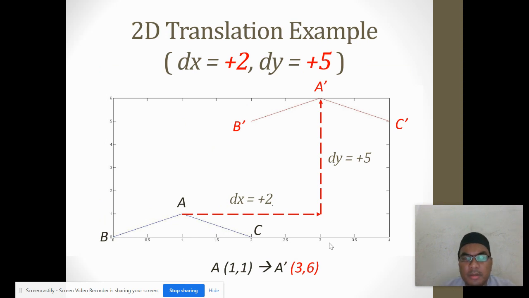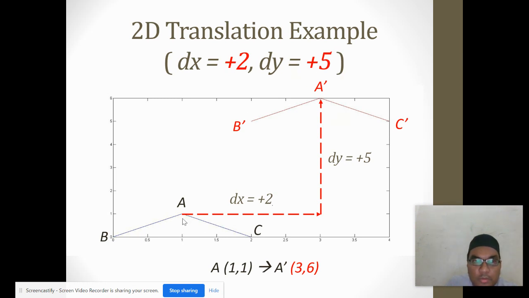So this is the example of the resulting translation, where we have this triangle shape A, B and C. We have the coordinates of A as 1, 1, B as 0, 0 and C as 2, 0. All these points are translated by dx plus 2 and dy plus 5. So for each coordinate, we just add 2 and 5.